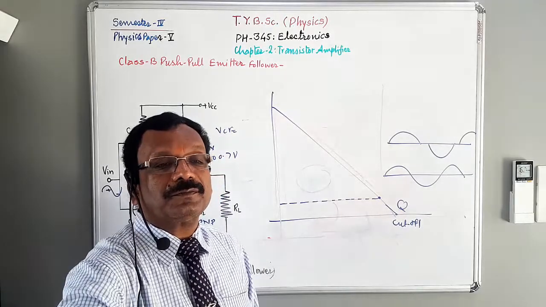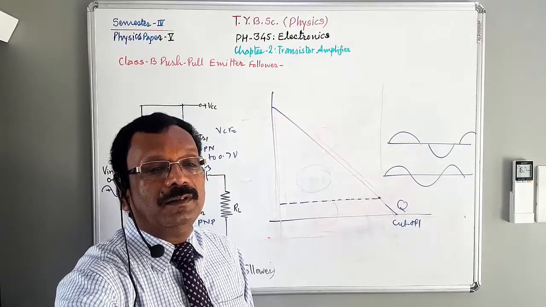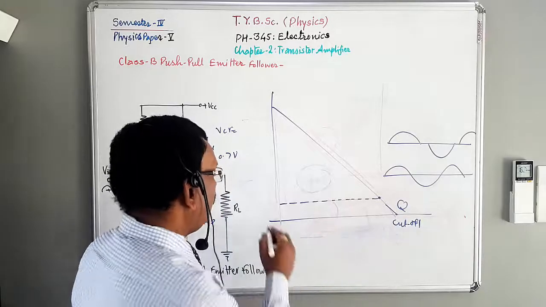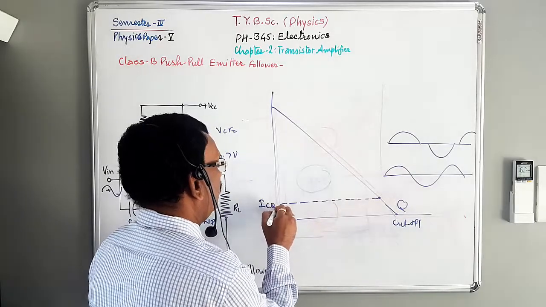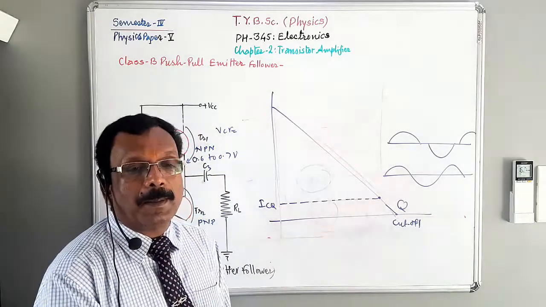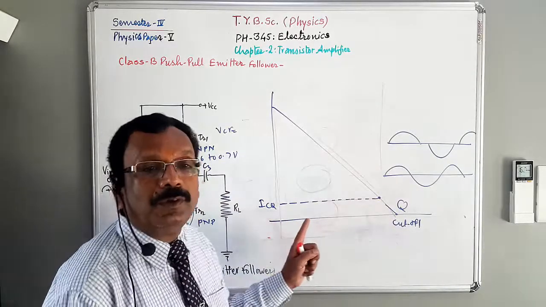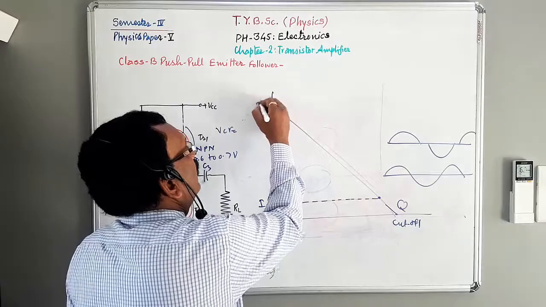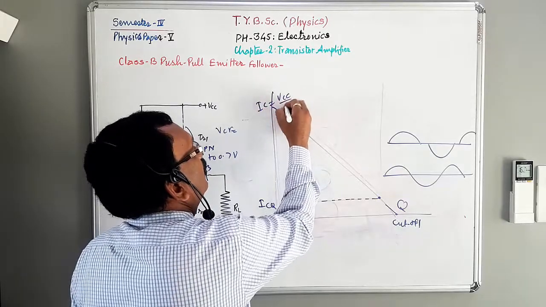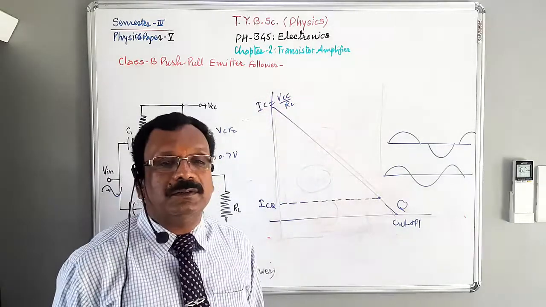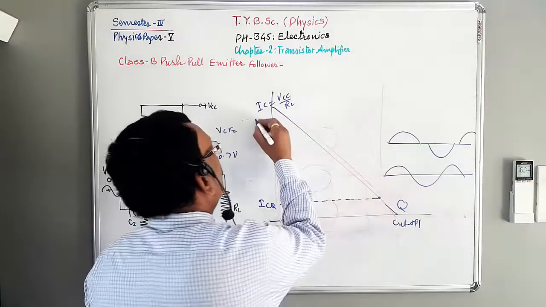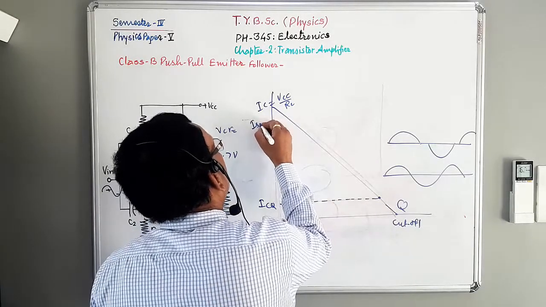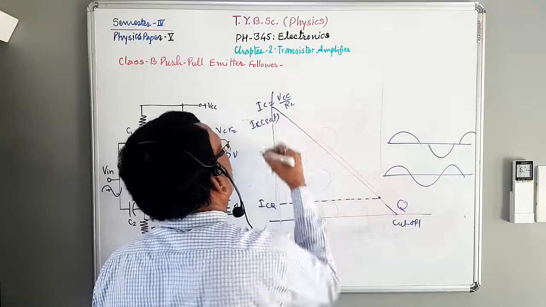Okay. So this is the ICQ, and this ICQ should be 1 to 5% of the saturated IC, which is equal to VCC upon RL. This is IC saturated.